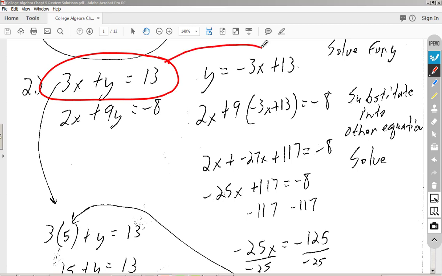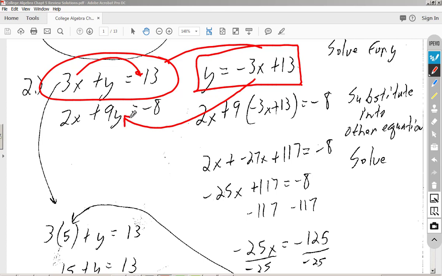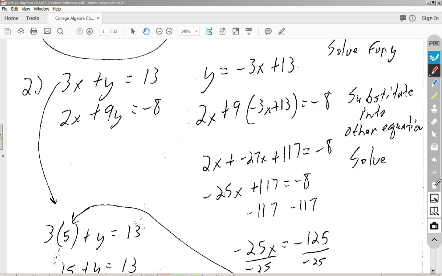When I solve for y, I move this 3x over, so I get y equals -3x plus 13. Now that I've solved that equation for y, I substitute my y value into my second equation. So I get 2x plus 9 times (-3x plus 13) equals -8.